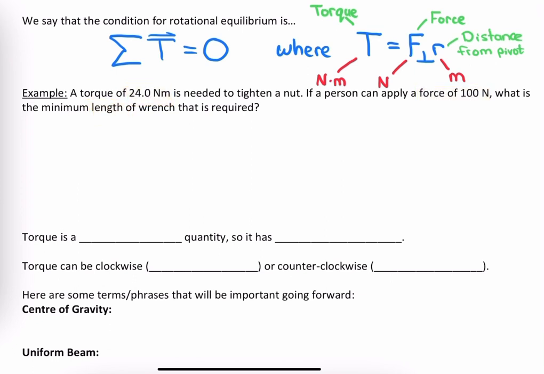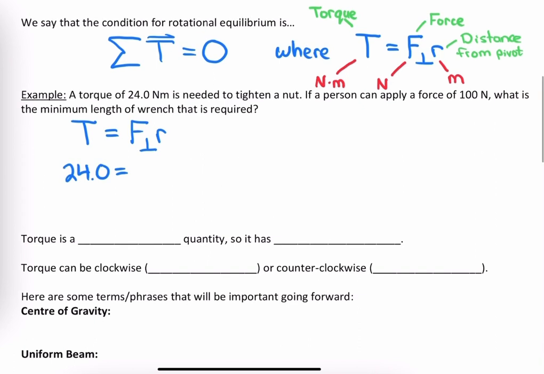Okay, well, we know torque is force times distance, and they have to be perpendicular. So if I want to create a torque of 24 Newton meters, that means that's going to go here, 24.0. And if I apply a force of 100 newtons, that's going to go here.